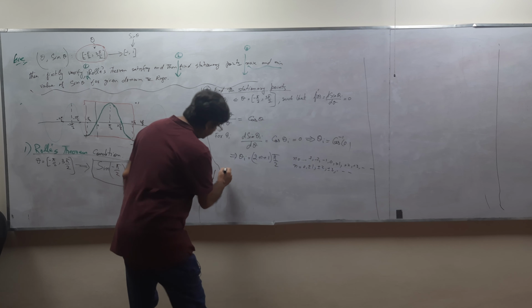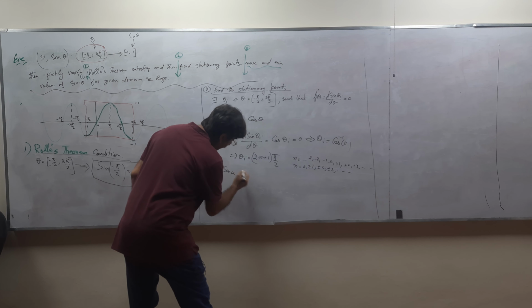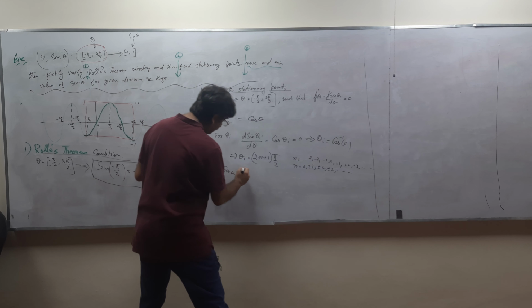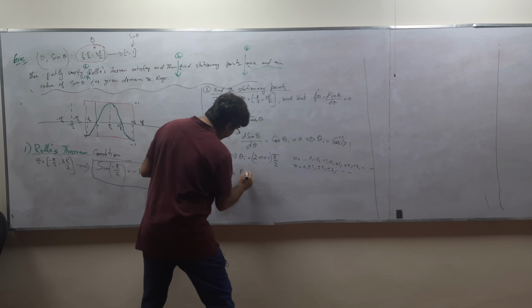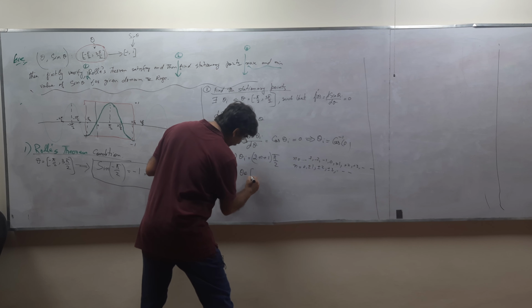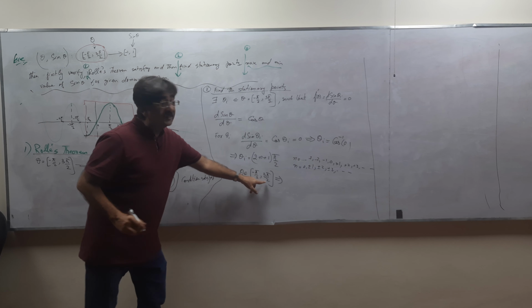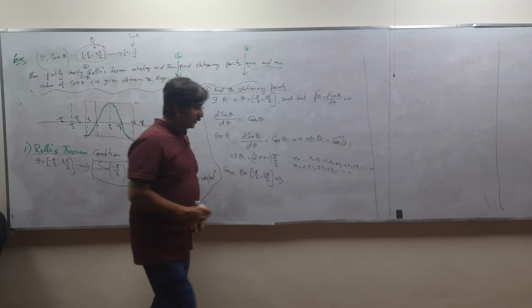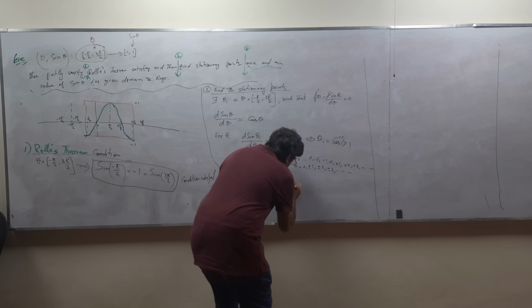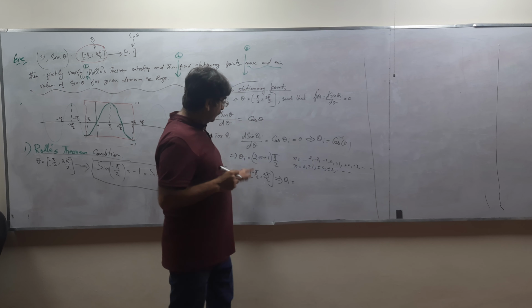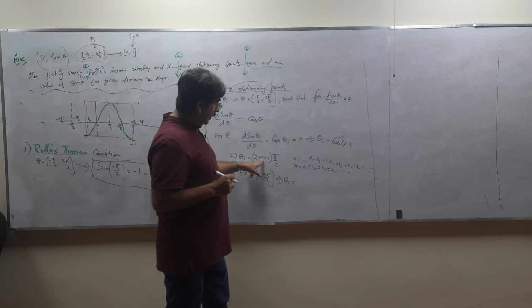Since theta belongs to minus pi by 2 to 3 pi by 2, because there is a condition, this implies that theta I is, firstly we start from 0.